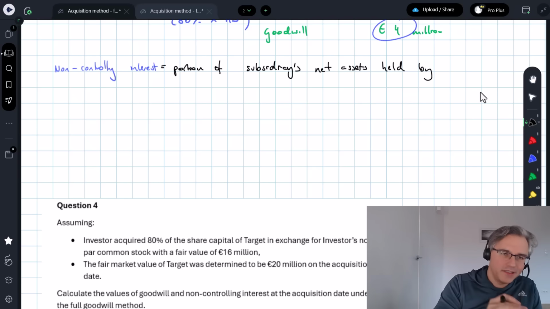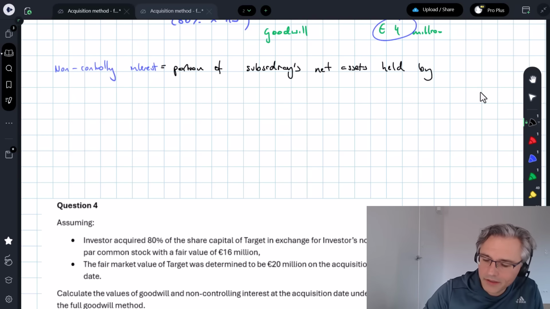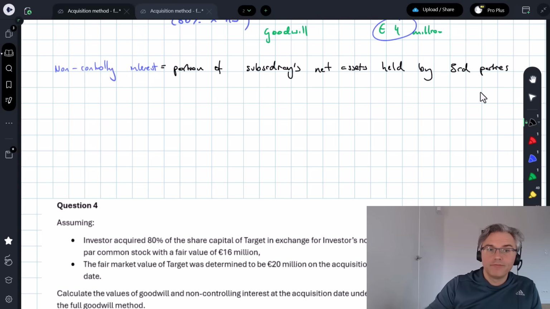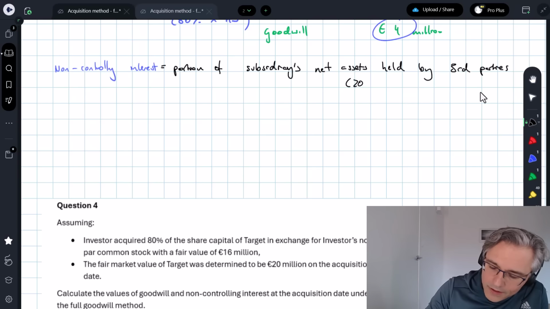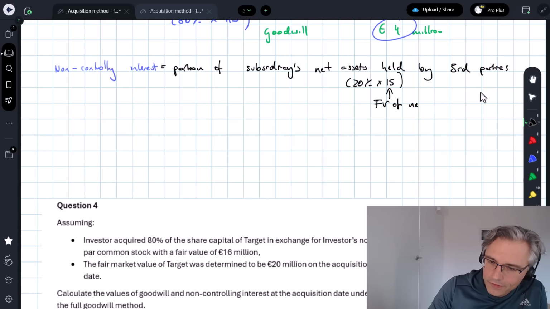Of that 15, the net assets of the subsidiary that were consolidated but held by additional shareholders who are not in control, because Target is in control, and Target consolidates fully but accounts for their existence via this line. So that's 20% of the 15, where 15 is the fair value of net assets.